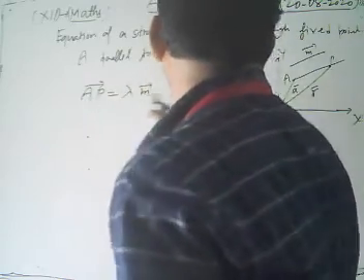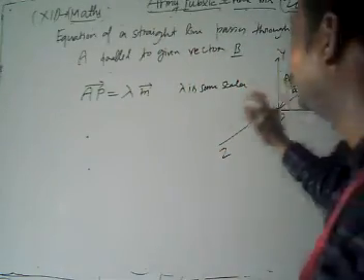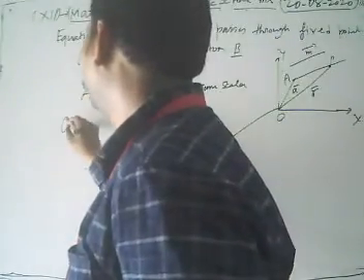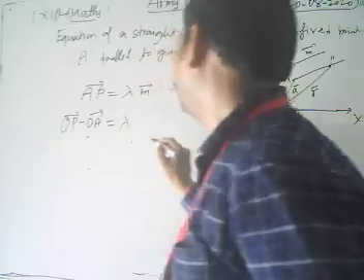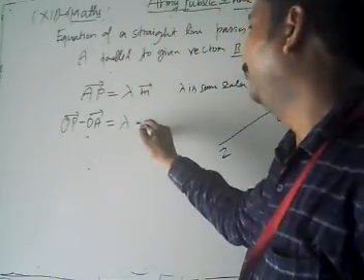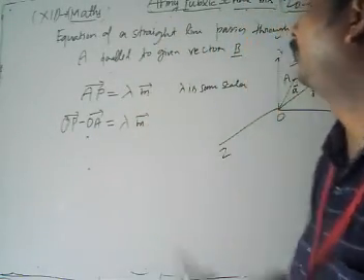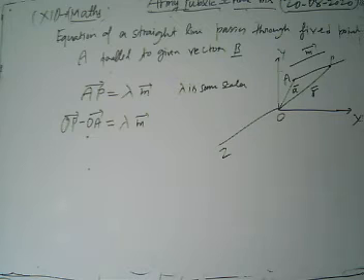How can we get vector AP? It is vector OP minus vector OA, that is, vector r minus vector a, and this equals lambda m, the parallel vector.